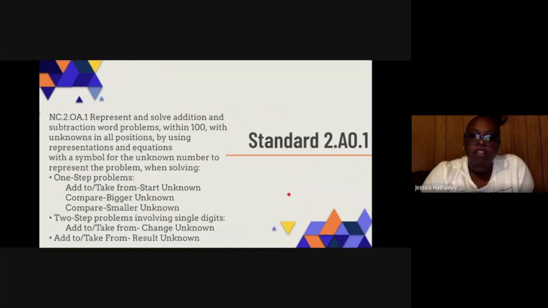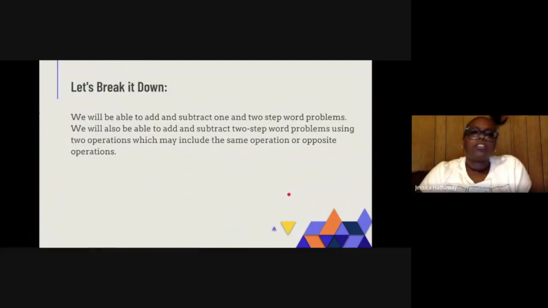When solving one-step problems, add to or take from start unknown, compare bigger unknown, compare smaller unknown. And two-step problems involving single digits, add to and take from change unknown, and also add to and take from results unknown. So let's just break that down.